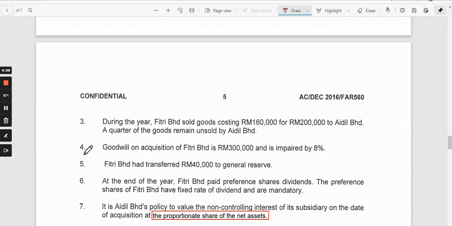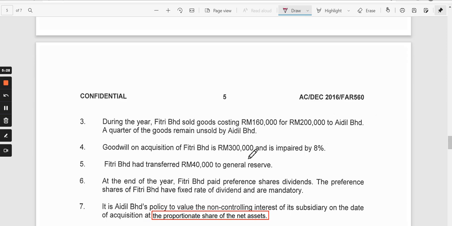Information number 4 says the goodwill on acquisition of Fitri is 300,000. So you do not have to calculate the goodwill, only that you are informed it is impaired by 8%. We're not informed whether it was impaired in the prior period or the current period, so we will assume it is impaired in the current year, which is 31st of December 2015.